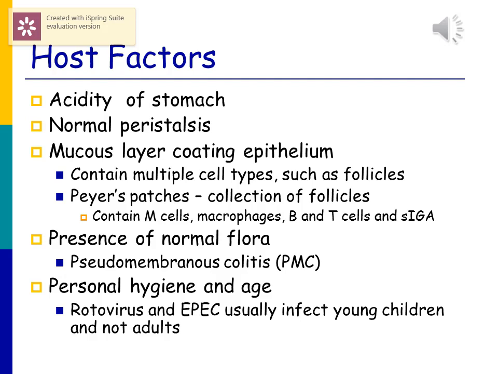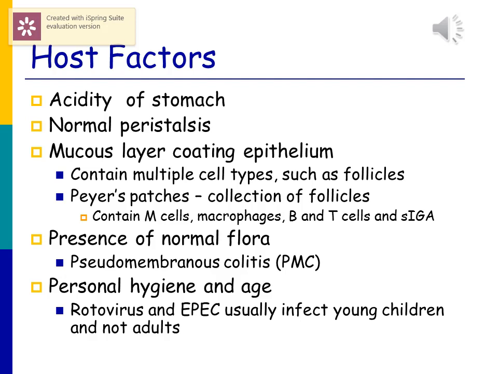There are Peyer's patches in the intestinal tract, which are a collection of follicles. These Peyer's patches have M cells, macrophages, B and T cells, and the secretory IgA. You have your normal flora, and whenever you diminish your normal flora in the GI tract, you have a risk of getting pseudomembranous colitis or antibiotic-associated colitis due to the anaerobic organism Clostridium difficile.